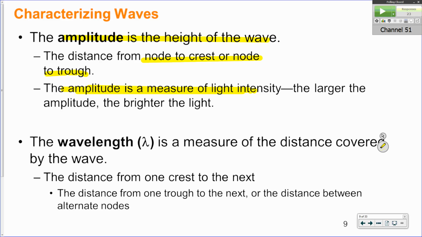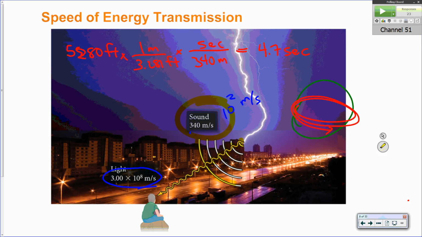Another characteristic that describes electromagnetic radiation is what's called the wavelength. And this is the Greek letter lambda, looks like a little upside down Y. And it tells us the distance that a wave covers in one repetitive cycle. Okay, so if we want to think of it, typically we look at the maximum to the max or the node to the node. So I'll go back to our previous one here.